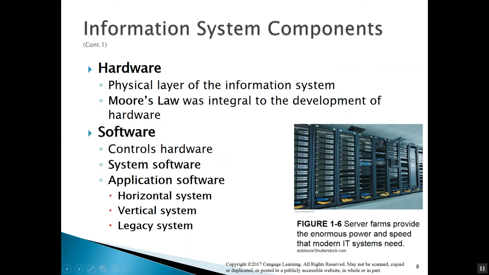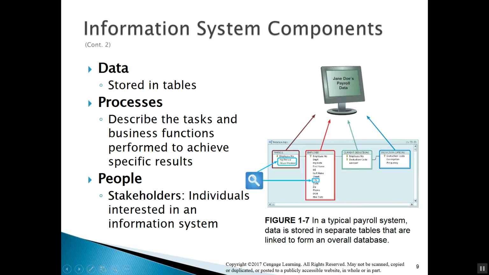Here the author even talks about Moore's Law that we just spoke about earlier. Data is stored in tables. We have processes, I should say, which are tasks, things that happen. And people are stakeholders. They've got an interest in, or are impacted by, a system.